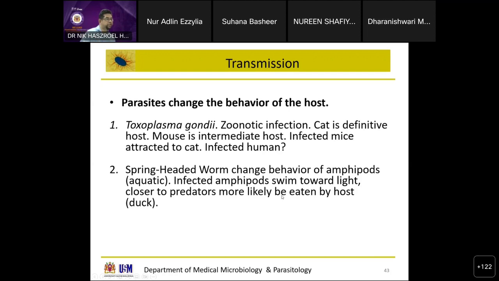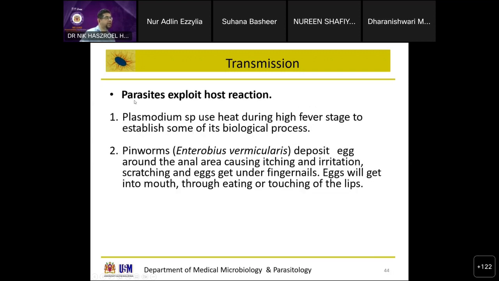It swims towards the light and becomes closer to the predator, most likely the duck. Also, some parasites exploit their host's condition, like Plasmodium species, which causes malaria. They use the heat during the high fever stage to establish some of their biological processes.